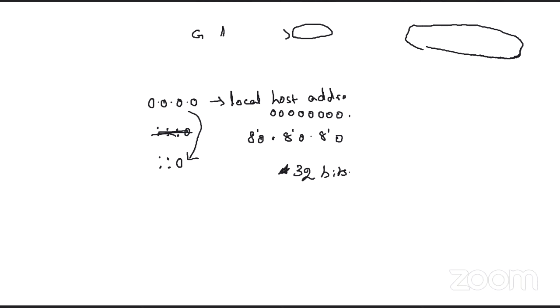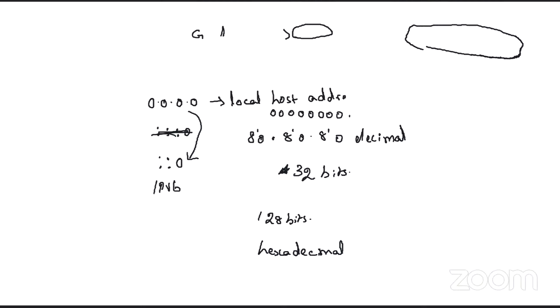And if you come to the IPv6 version, it is 128 bits, right? Which is a hexadecimal representation. And this is decimal representation. Right, hexadecimal representation. To represent that, we use the colon symbol to show it is IPv6.